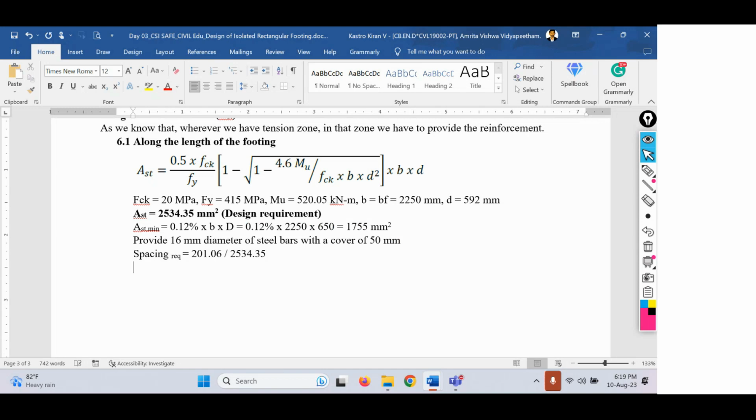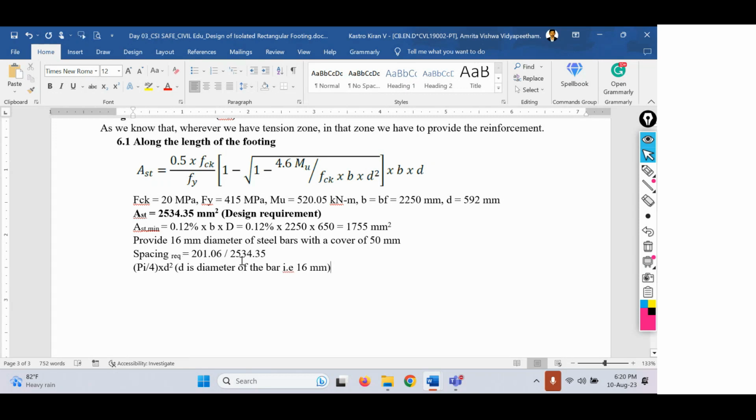So I'll just make it in this way. Pi by 4 into d square, where d is the diameter of the bar. Let me write that also. d is the diameter of the bar, that is 16 mm.